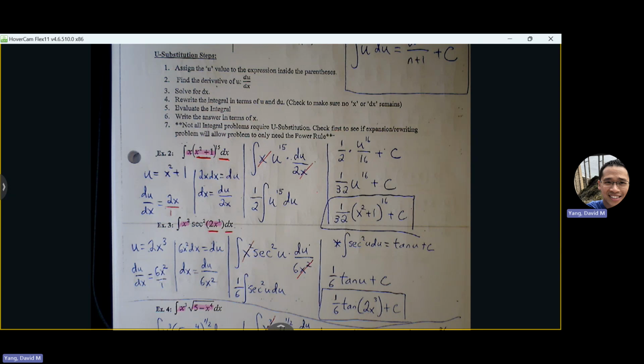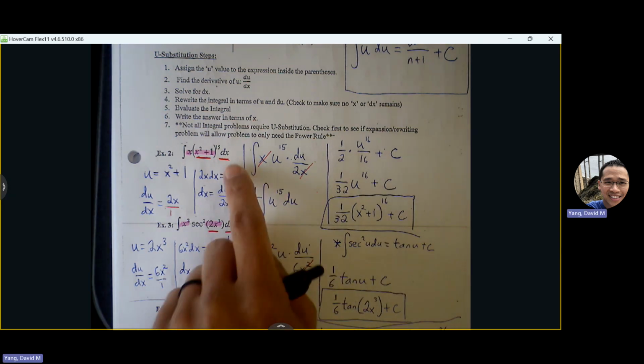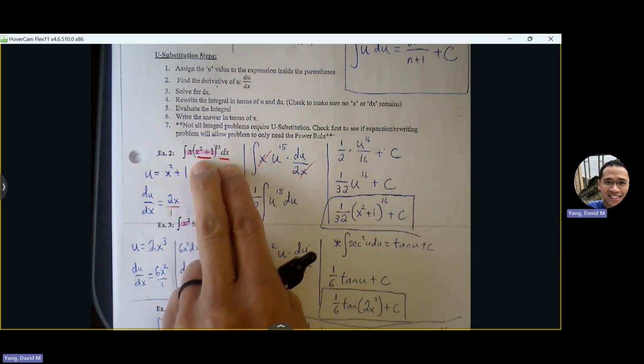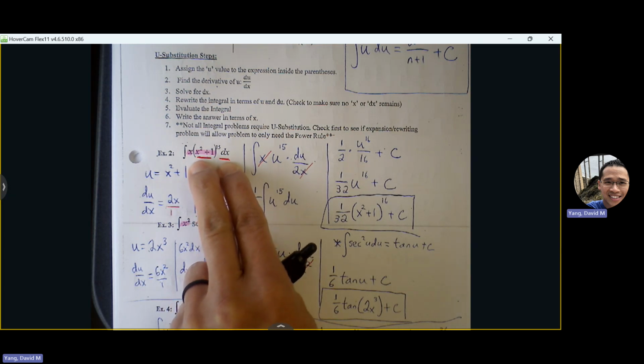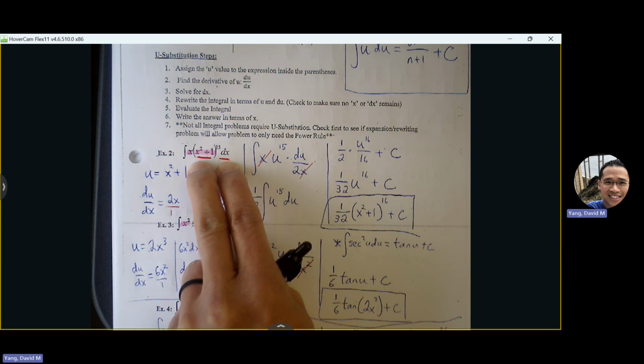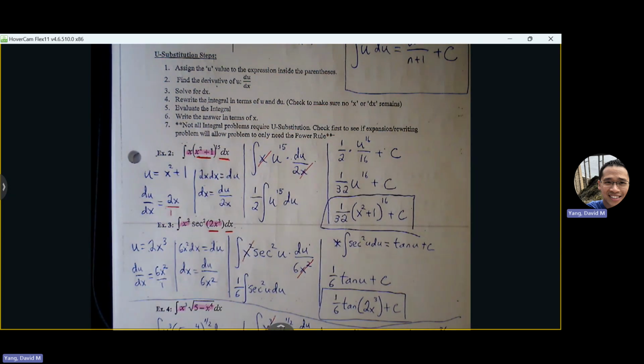So our u value is going to be x squared plus 1, the expression inside the parentheses. Our first goal is to underline the x squared plus 1 and the dx. Those are the pieces that we want to replace first. Anything that's not part of this, we're just going to recopy into our problem. So our u value is x squared plus 1.